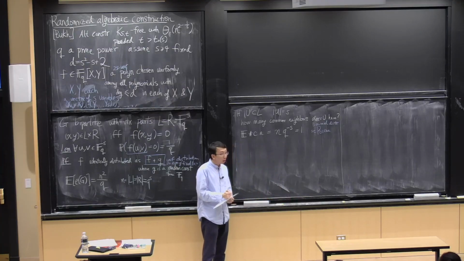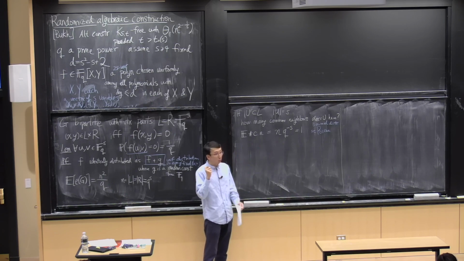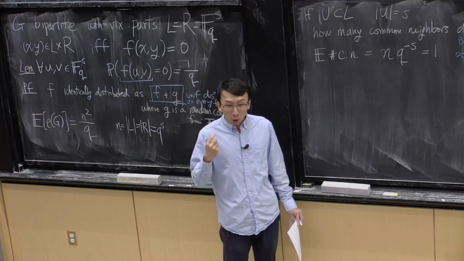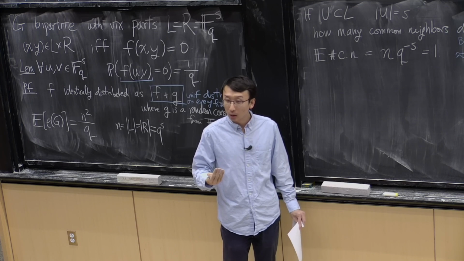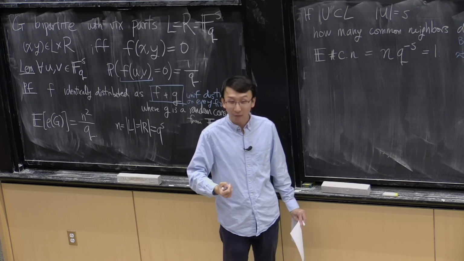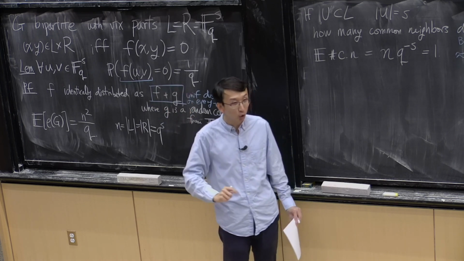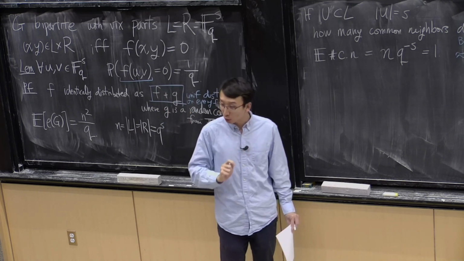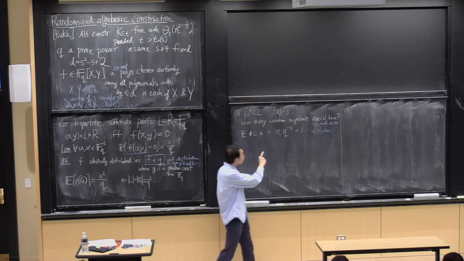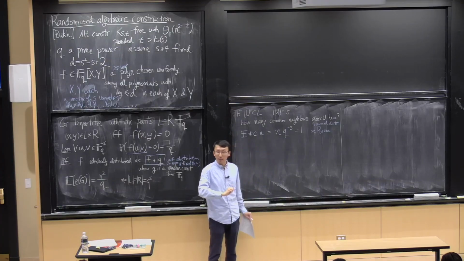But it turns out that for the algebraic setting we're doing here, things don't behave independently. It's not that you're doing coin flips for every possible edge. We're doing some randomized algebraic construction. And for algebraic geometry reasons, you will see that the distribution is very much not Poissonian.